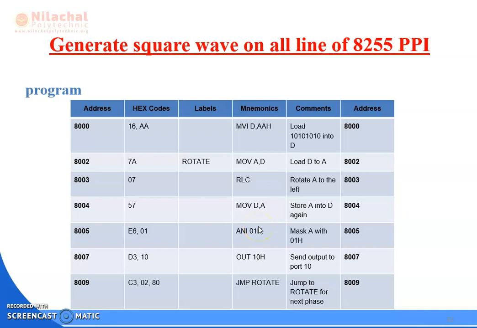Next, MOV D, A, that means store the value of the accumulator into D again. Next, ANI 01H, that means mask the accumulator with 01H. Next, OUT 10H, so send the output to port 10. Next, JMP ROTATE, that means jump to ROTATE.